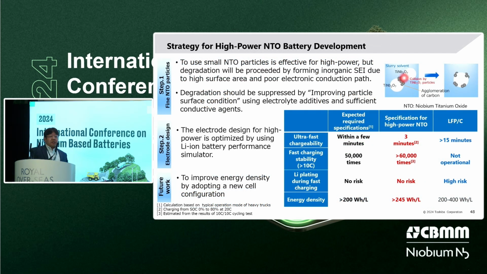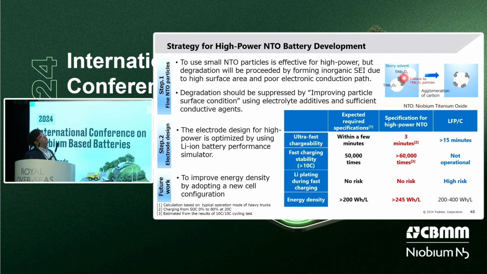So next shows the strategy for high-power NTO battery development. As you know, using small, very fine particles is very effective to get high power, but the degradation will proceed by forming the inorganic SEI due to the high surface area and poor electronic conduction path.